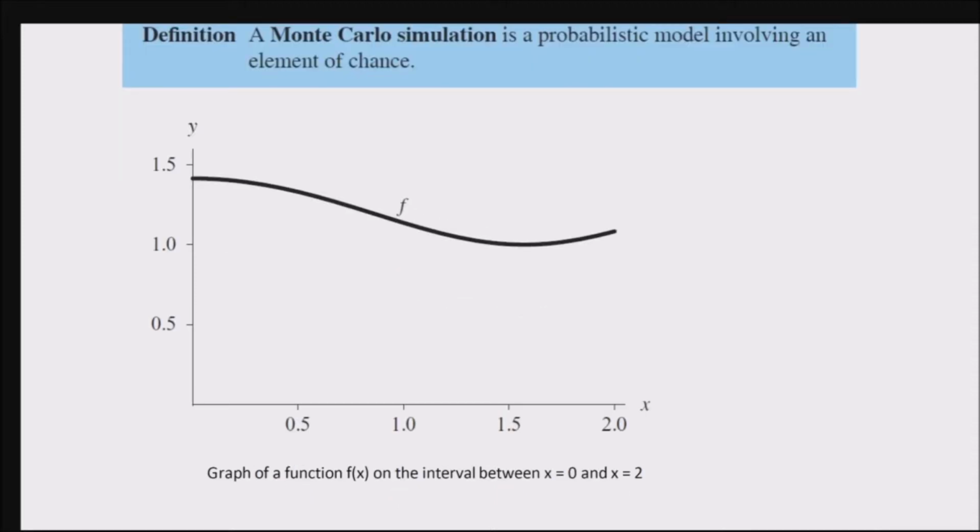So in Monte Carlo simulation, we actually calculate the probability. Based on probability, we calculate that, right? Before that, let me introduce what we learned so far. So this is a graph, and if I want to get the area of this area right here, how do I calculate that? Well, I'm going to divide this into little pieces, right?